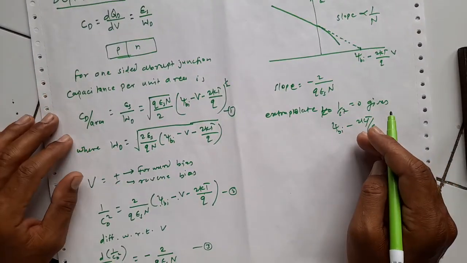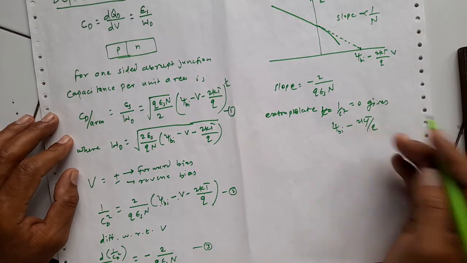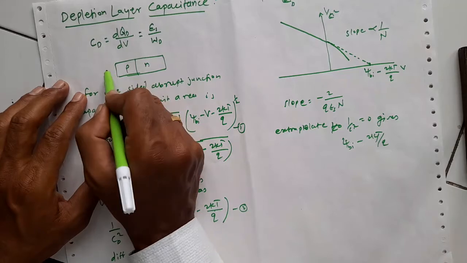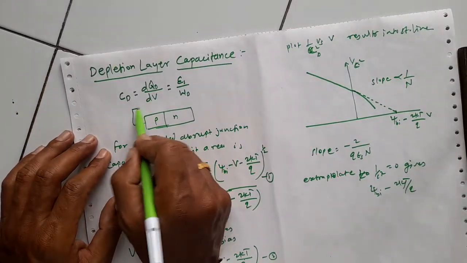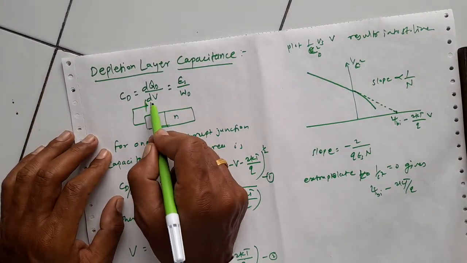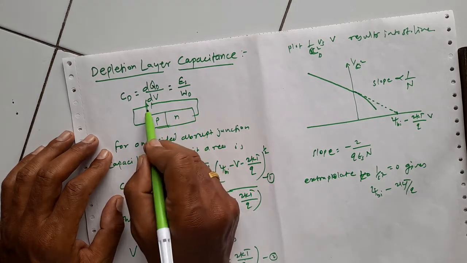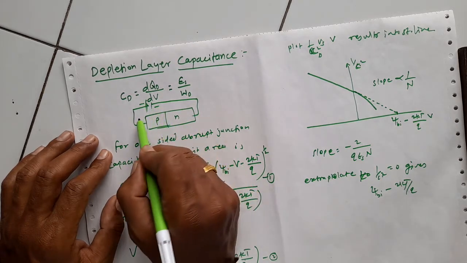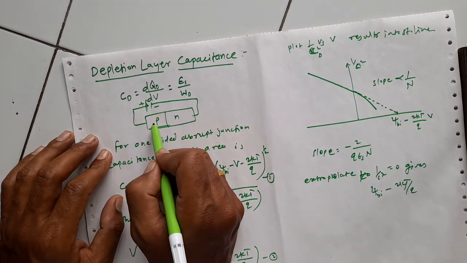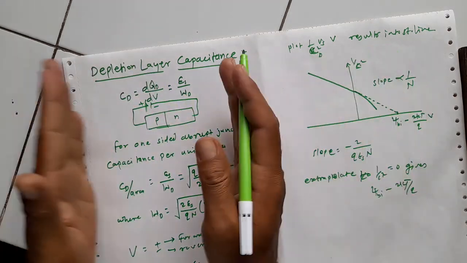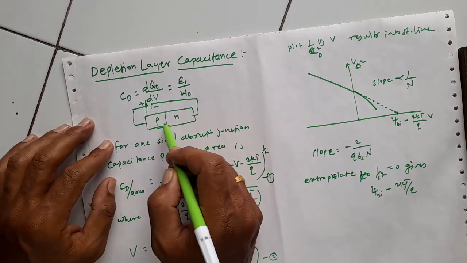So for the forward bias, the diffusion capacitance: in case of the forward bias, we can have the positive potential on this side and negative potential on this side. So what will happen, the more number of charges, the depletion layer will go on increasing in the forward bias.